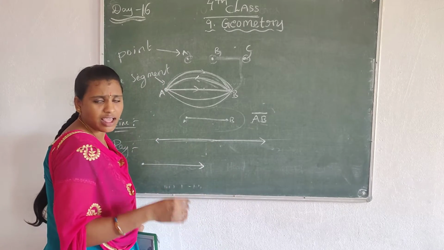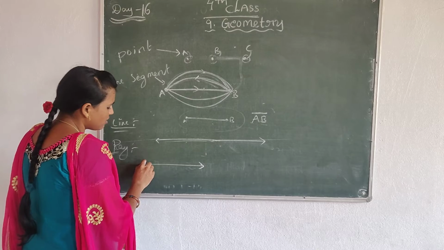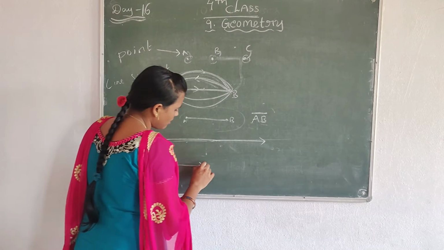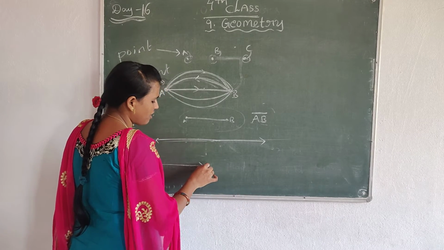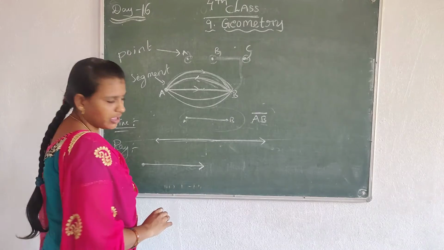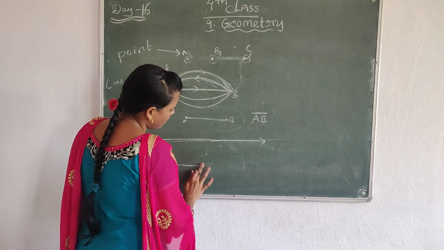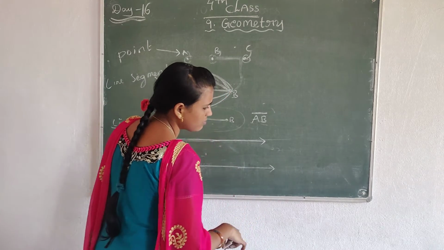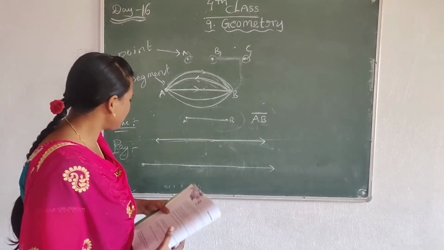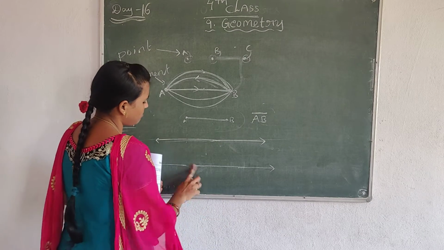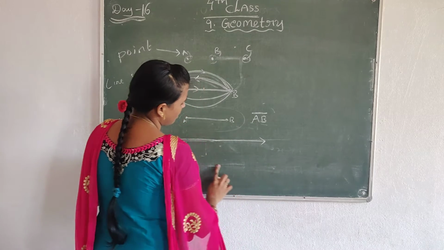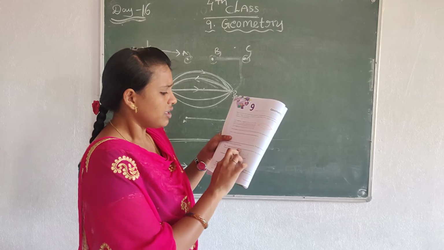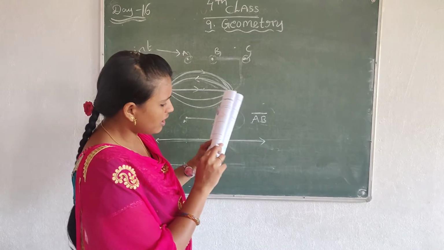On one side we have a point, and it extends in only one path. So we can extend it to any place. The ray extends endlessly in one direction only.